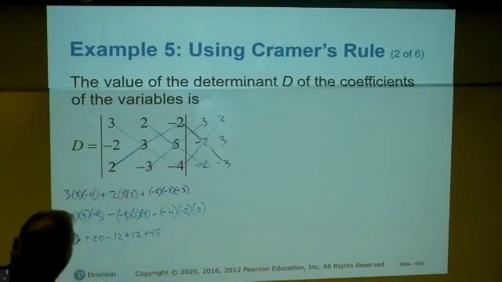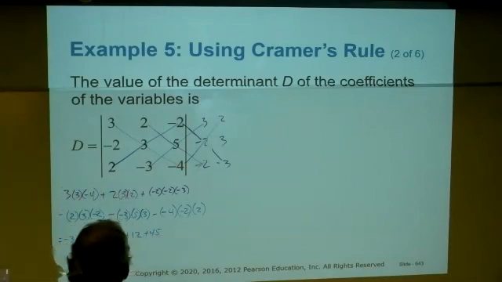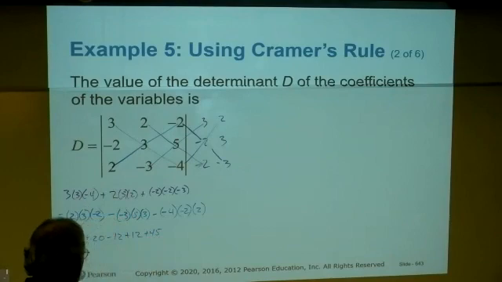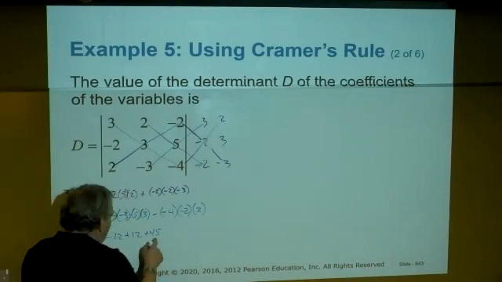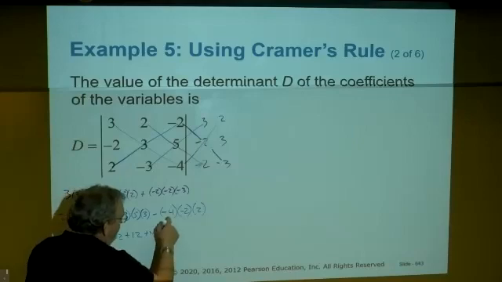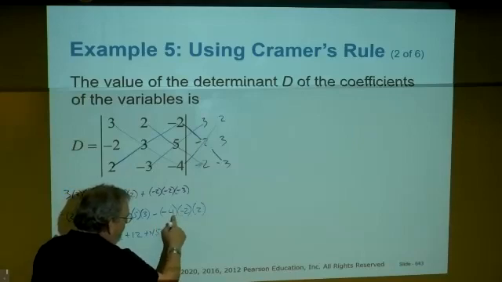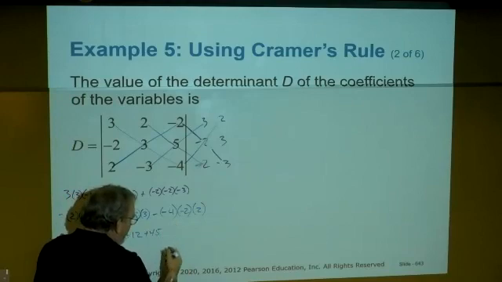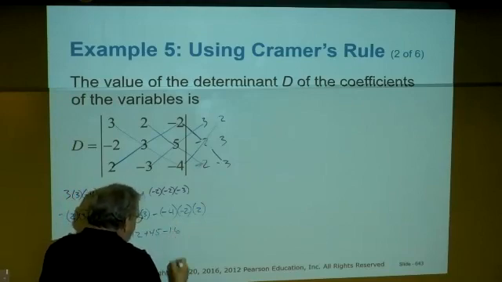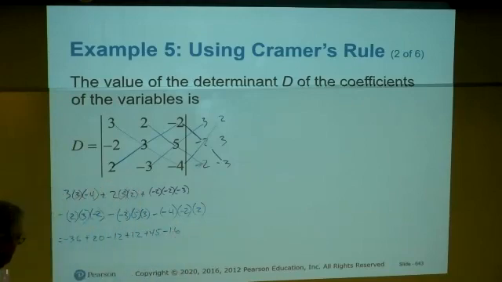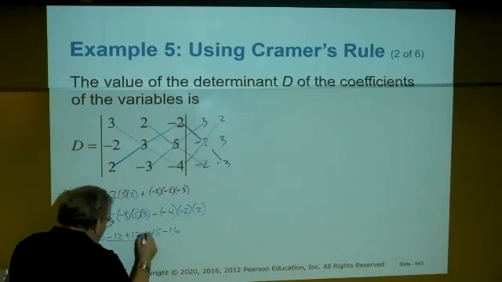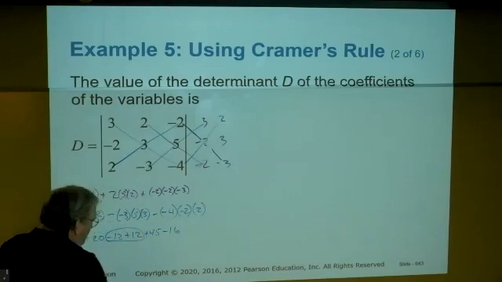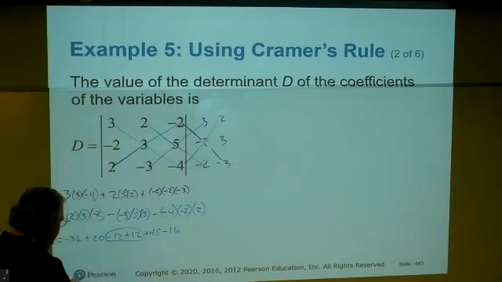I did something wrong there. No, I didn't. Okay. I don't remember doing this previously. And this is a negative 4 times a negative 2, so that's 8 times 2, which is 16, and we're subtracting 16. So negative 12 and plus 12 go to 0, so I can ignore that.